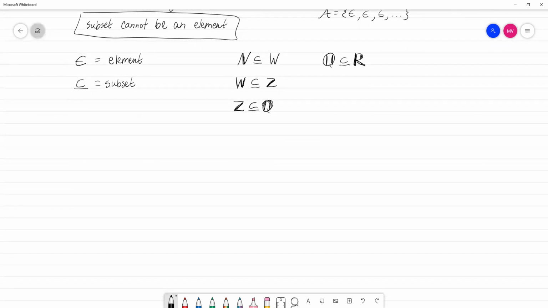Let's talk about union. So remember, you have the symbol for union, which is like a large U with no tail, union. So the union of two sets is a set containing all elements of given sets.